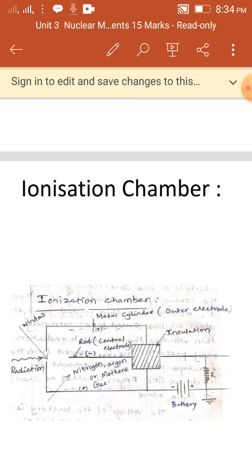They are joined to a battery and it is connected to a resistance, and here we are getting the output voltage. Whatever output voltage we are getting across the resistor is directly proportional to the amount of radiation that is entering inside the chamber.